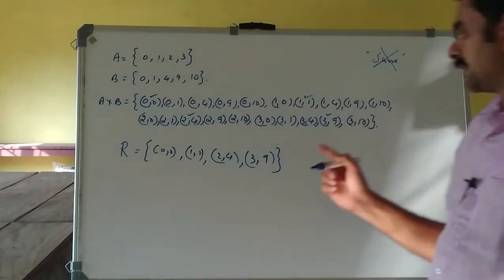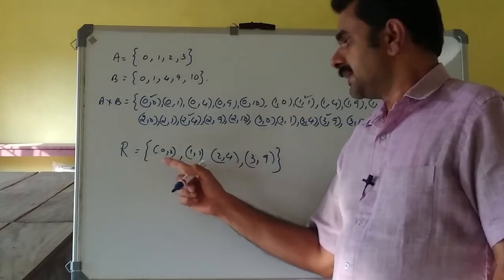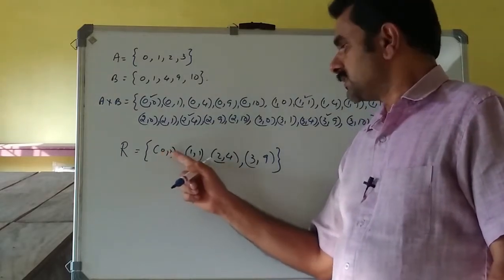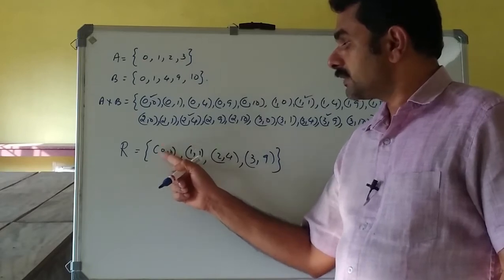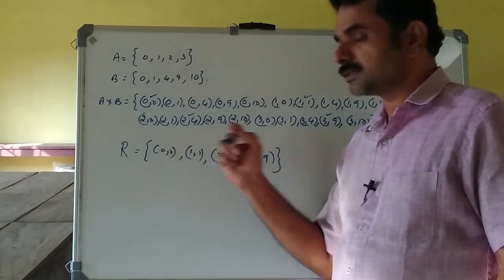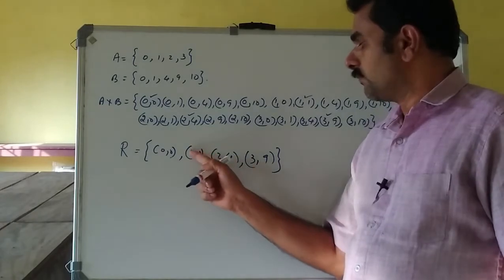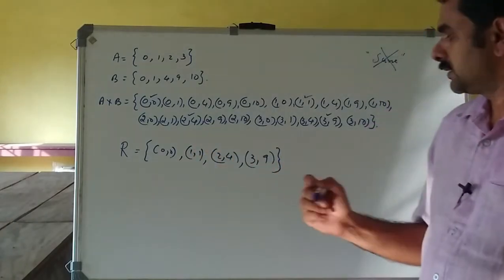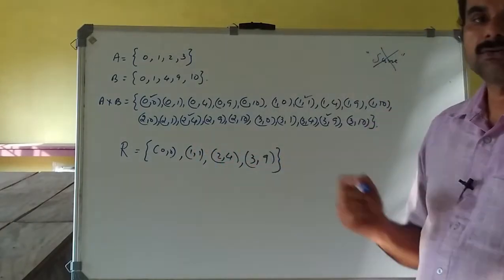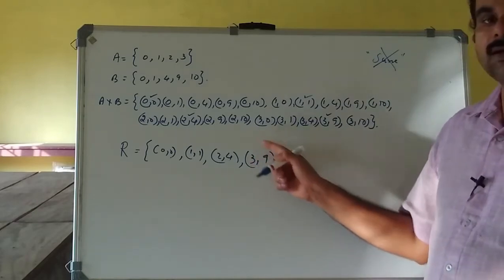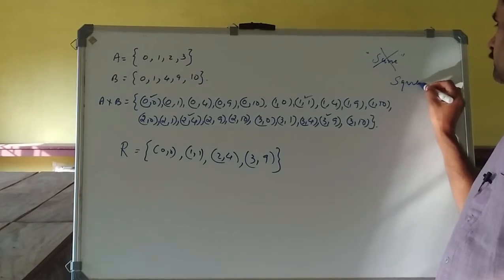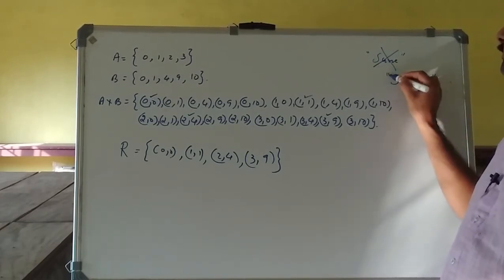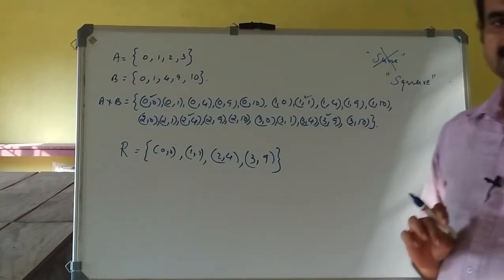Then you think of any other criteria which satisfy these elements. What about square? 0 square is 0. 1 square, 1. 2 square, 4. 3 square, 9. Yes, so square is the relation.